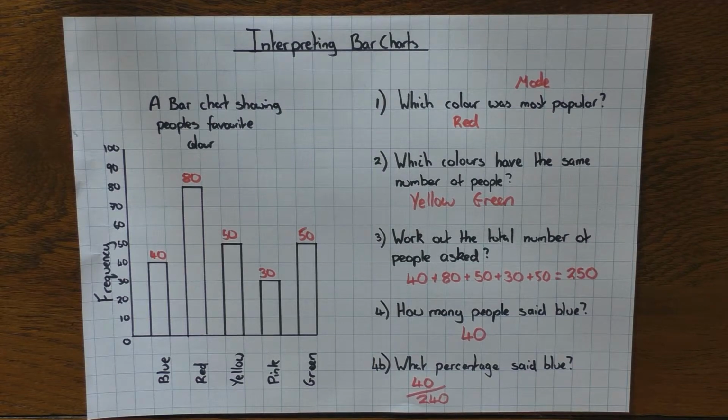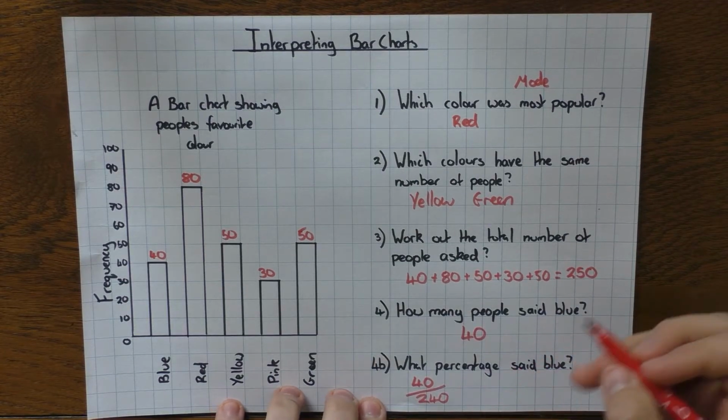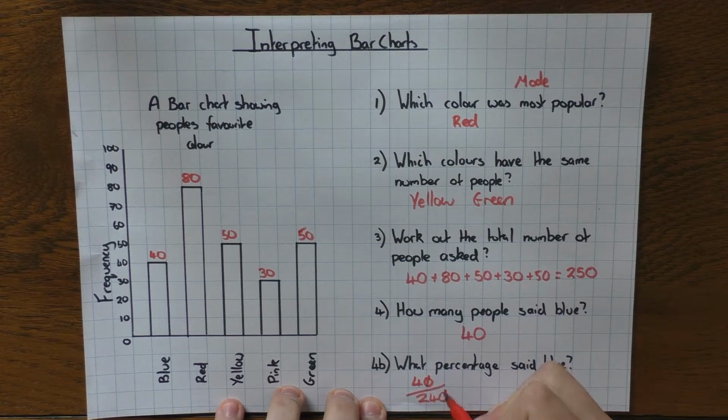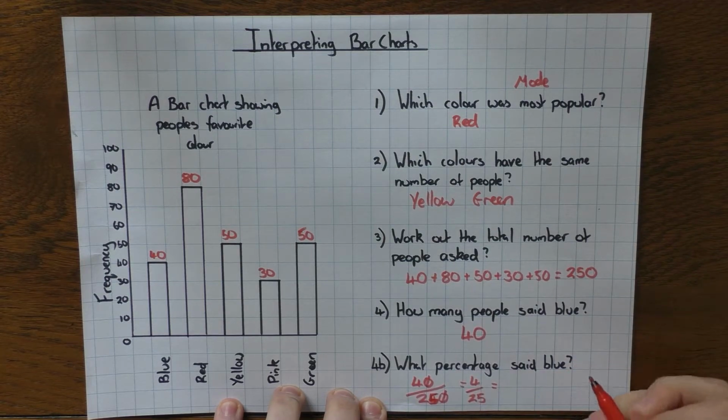Then we can start to simplify this. Okay, so I'm going to take off the zeros by dividing by 10. That leaves me with, oh, sorry, it's out of 250, isn't it? Sorry, not 240. So 40 out of 250. So take off the zeros. That leaves me with 4 over 25. And then to get it as a percentage, I need the denominator to be over 100.